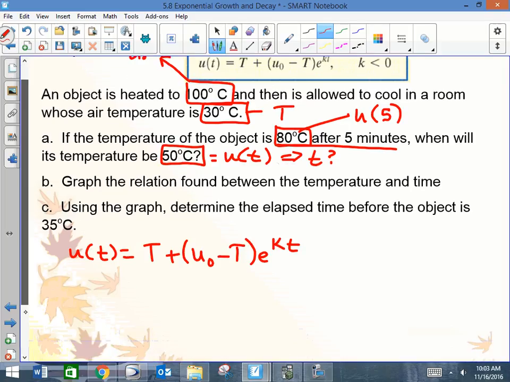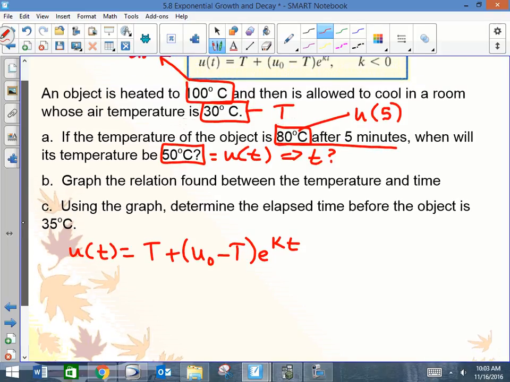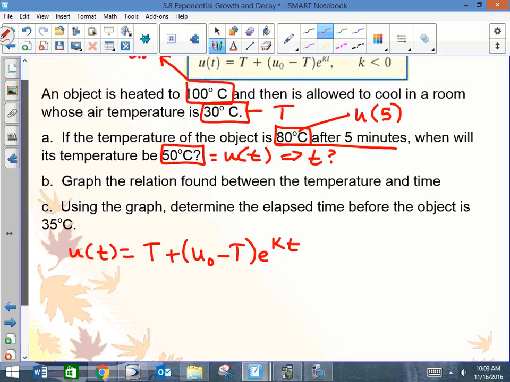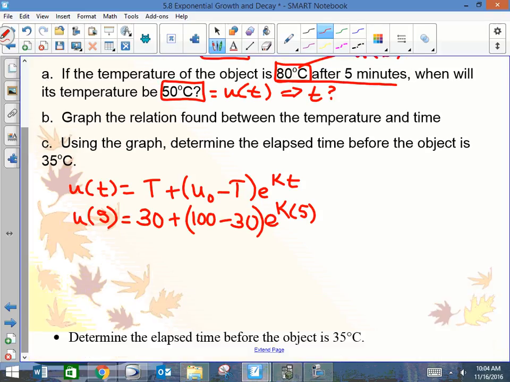We're going to find K so we have a complete equation. U of T, since the only data we have is U of 5, we're going to put a 5 here. E to the k T, T is 30, and U sub 0 is 100. U of 5 is 80.